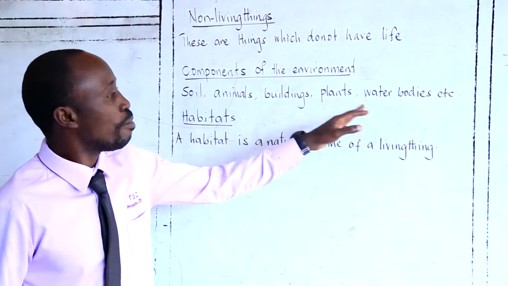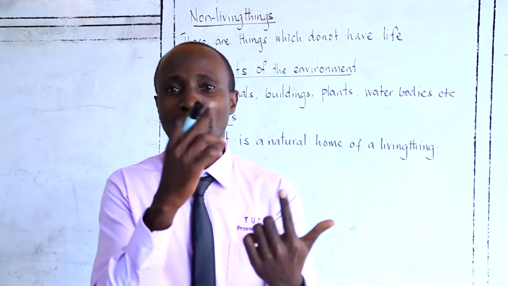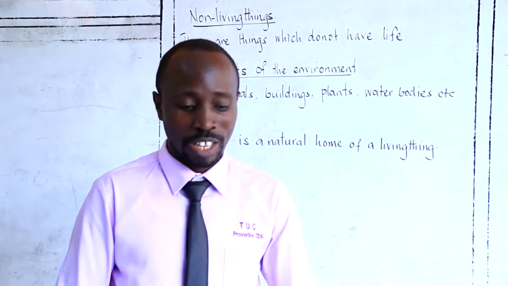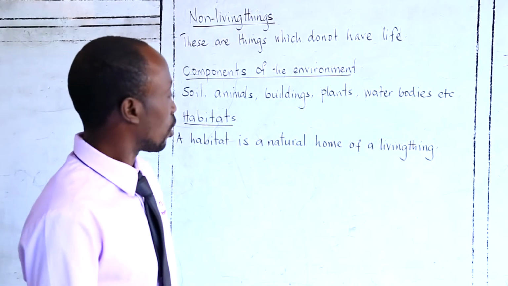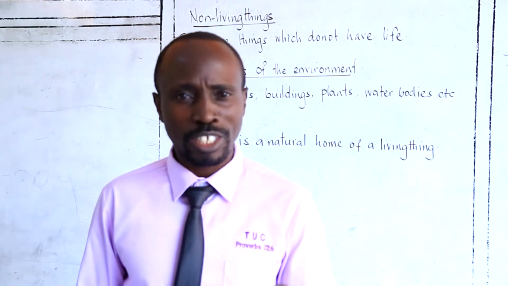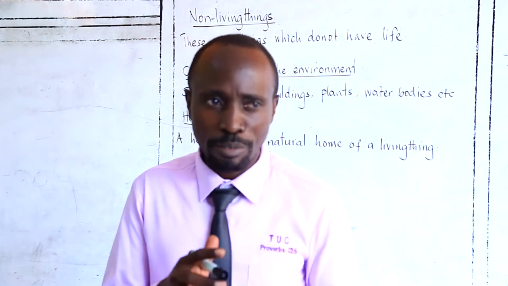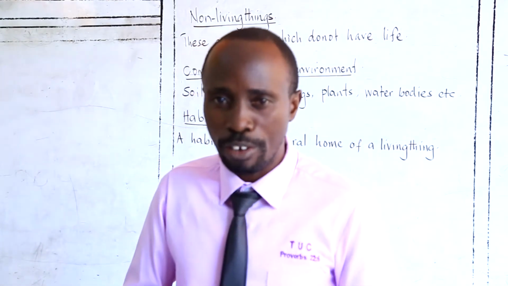These can be habitats. A tree can be a habitat of an animal, because some animals like sleeping in trees. Then we have bushes, gardens. Soil, we find many animals living in soil, those animals which burrow the soil and make their home there.